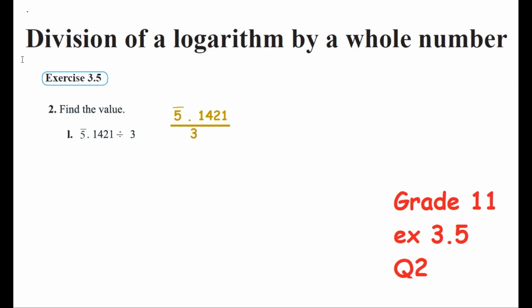Last part of the second question, L part, bar 5.1421 divided by 3. In this division also, when you look at the bar 5, it's not a multiple of 3. To make a multiple of 3, that means 6. 3 times 2 is 6. So we need to give a 1.